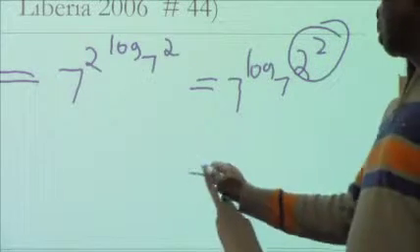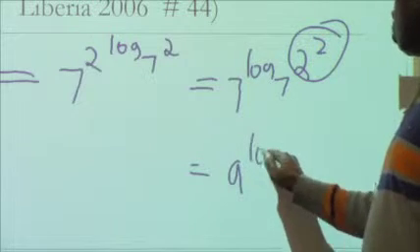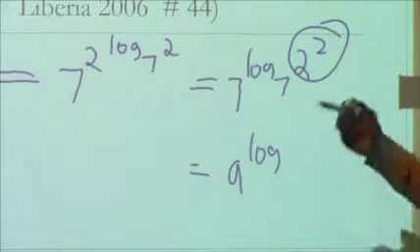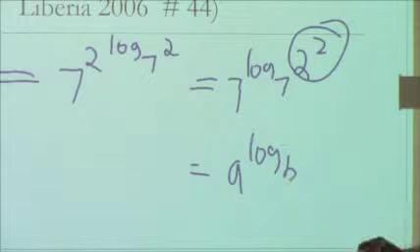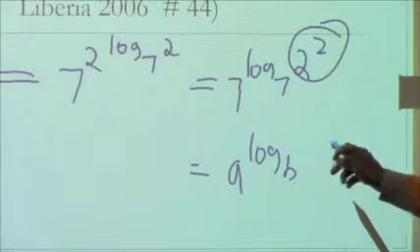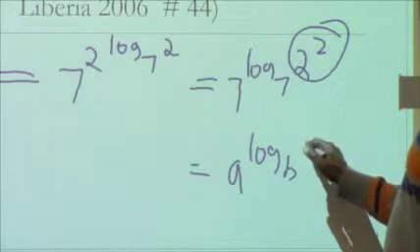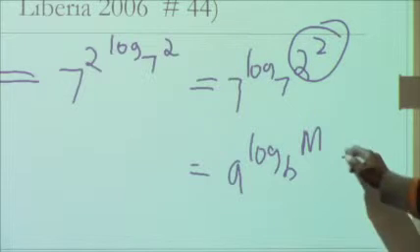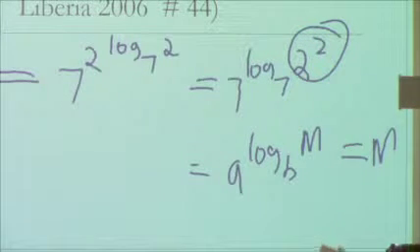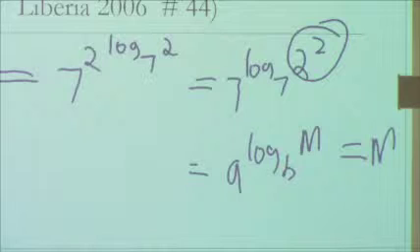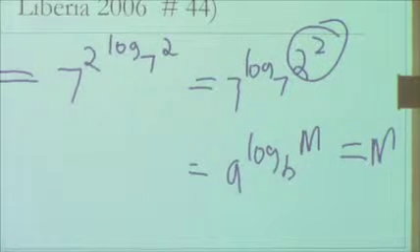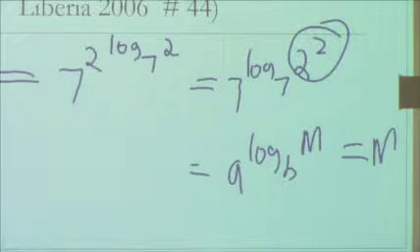Remember that rule. A to the log base A of M would just be equal to M. I think that was one of the rules on the second slide that we gave you.